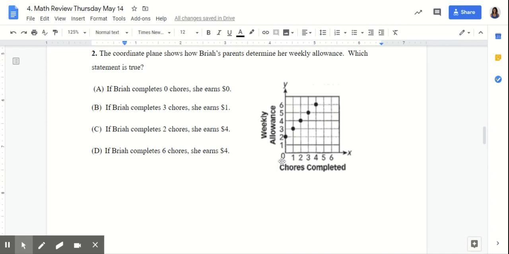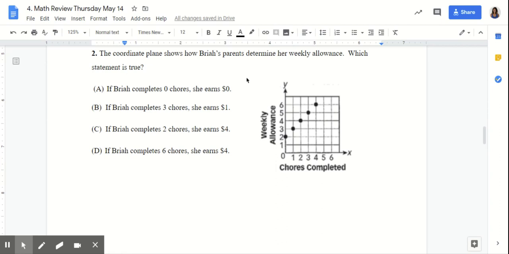So realize our x-axis shows the chores completed and our y-axis shows the weekly allowance. Okay? So as we're reading, it's going to say how many chores to how much she earns. So when we're looking at chores, we should be looking at the x-axis. And then when we look at the money she earns for that amount of chores, we should be looking at the y-axis. Now let's go through each one.